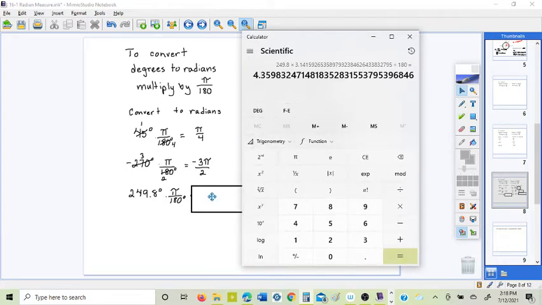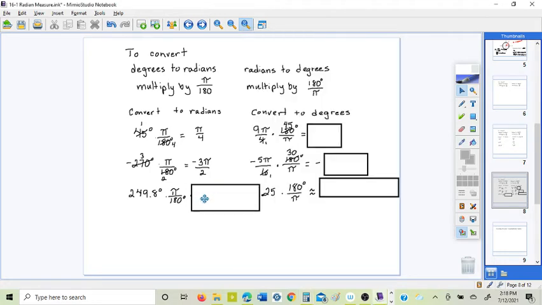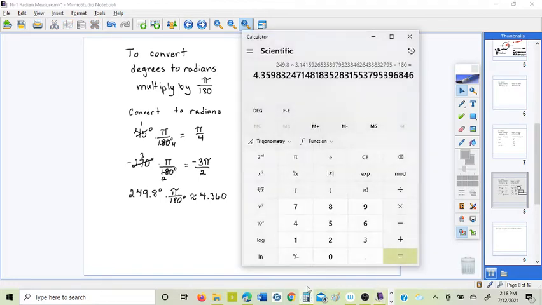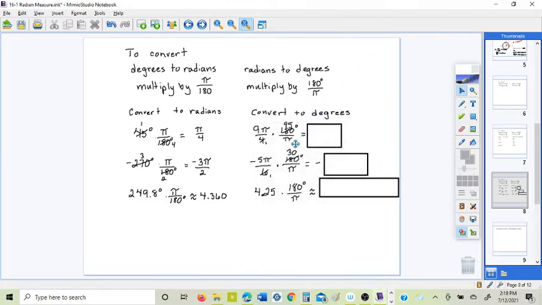And it'll give you your answer here, and we get 4.35 or 4.36 radians, 4.36 when we round it correctly. Okay, so pretty nice and simple on that.